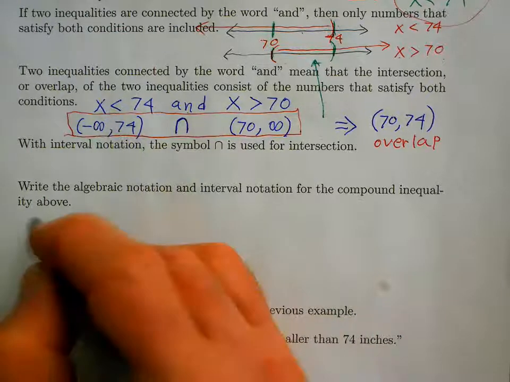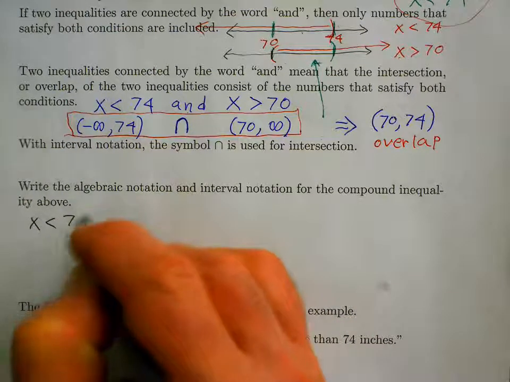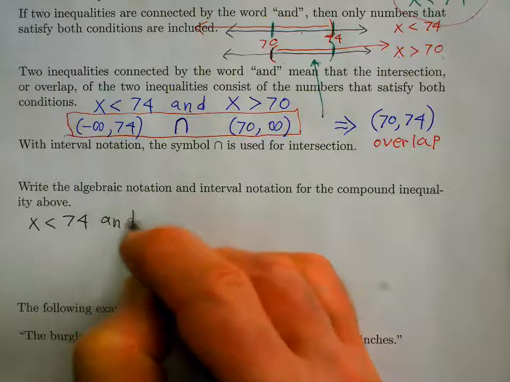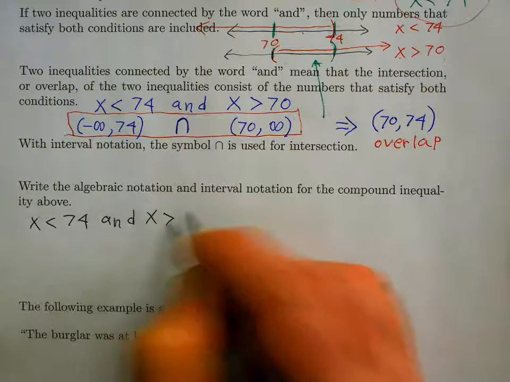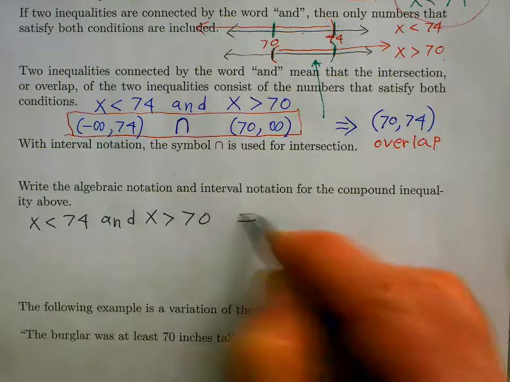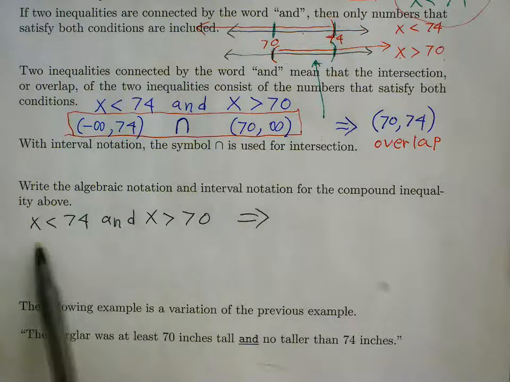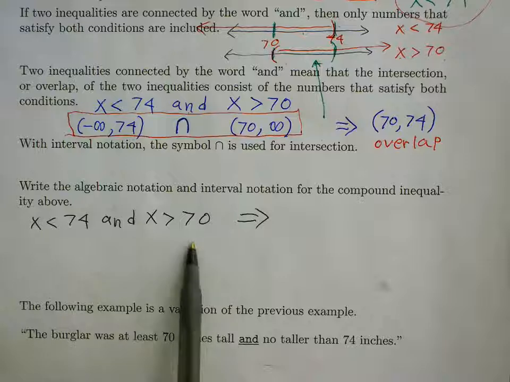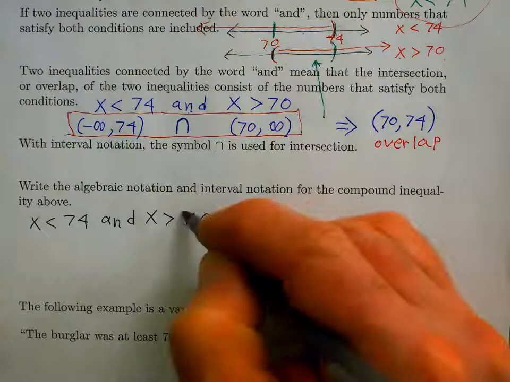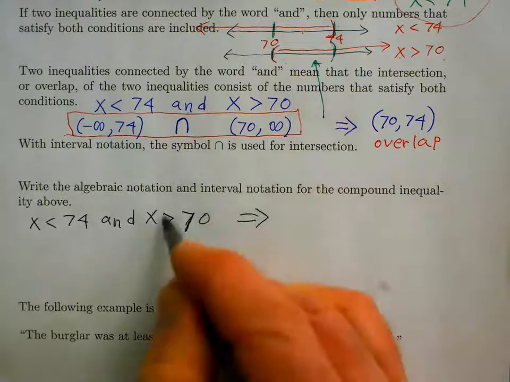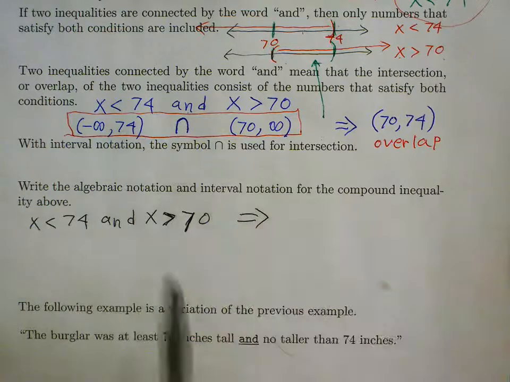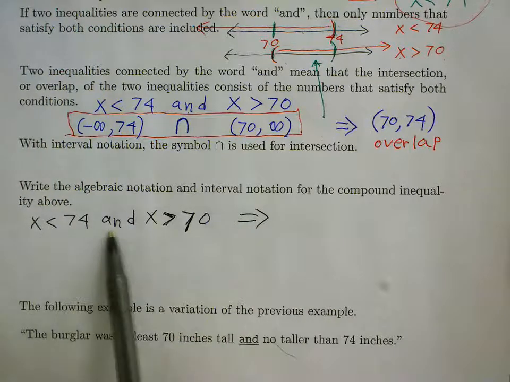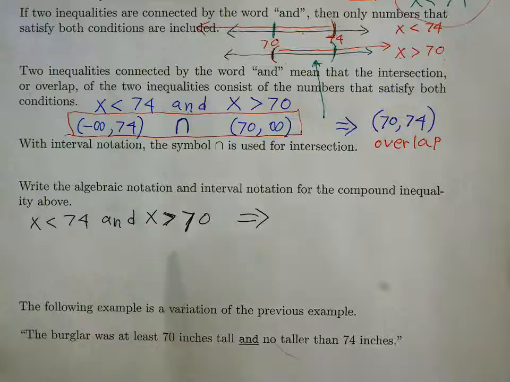X is less than 74 and x is greater than 70. So we know what is meant, but with this algebraic notation, this can be written more concisely.